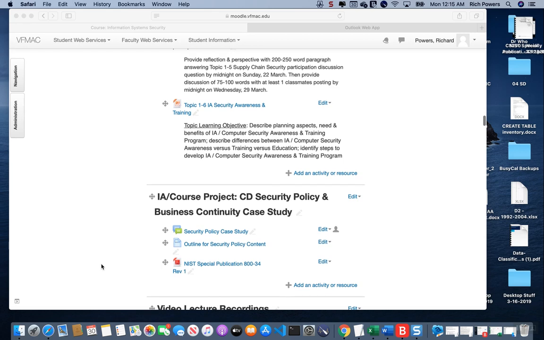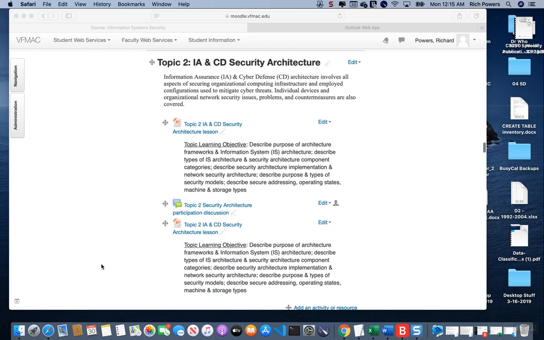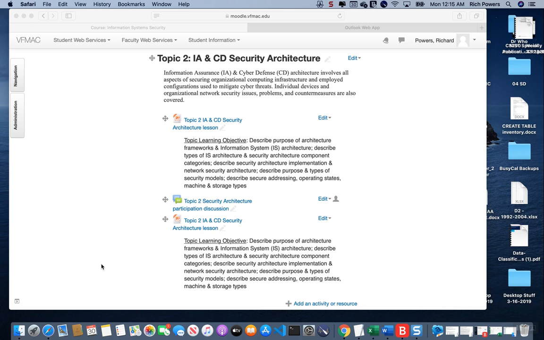Now we're going to shift gears a bit and start looking at what we call the security architecture. A security architecture describes all of the aspects of what we need to do to secure organizational computing infrastructure. The way a system is designed and laid out, we refer to as the architecture.